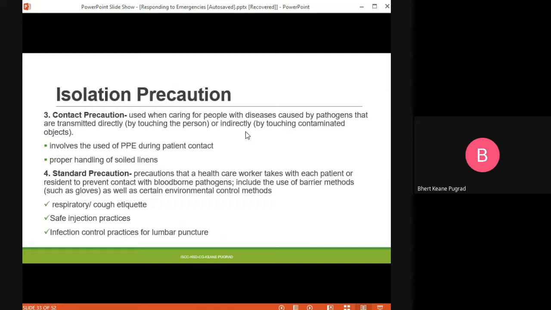So, examples of our standard precaution, proper use of gloves, no? Proper respiratory or cough etiquette. No, kapag tayo inuubo, sumisipon, huwag mong iubo, isipon sa harap ng pasyente mo, sa harap ng coworkers mo. Instead, you could use a tissue, no? You could use your handkerchief, you could use the sleeve of your uniform, no?